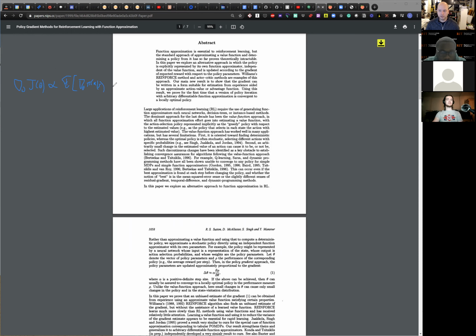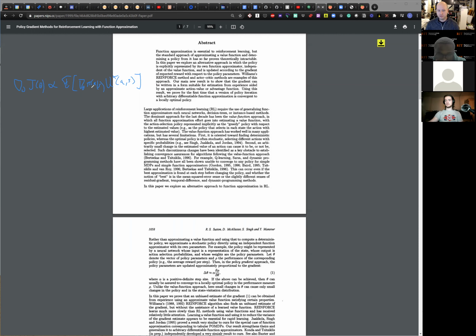The result of the paper is exactly this, right? It's basically saying, if I can somehow get the derivative of my policy, I can apply that derivative to the policy directly to improve it.